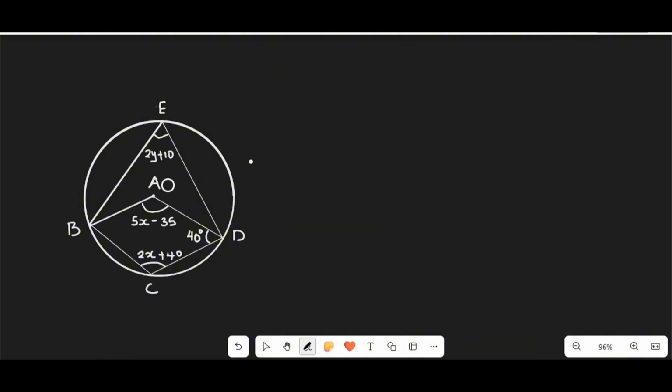Before we find angle ABC, let us find angle BAD and angle BCD. Angle BAD equals 5x minus 35, and the value of x is 35.